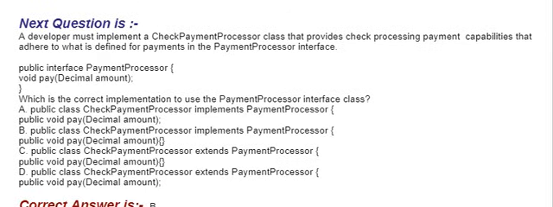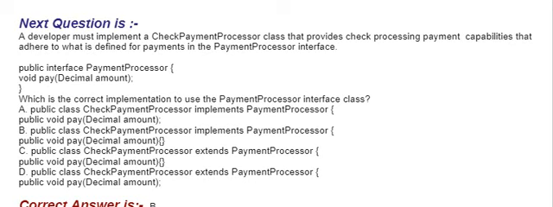The question is, a developer must implement a check payment processor class that provides check payment processing capabilities that adhere to what is defined for payments in the payment processor interface. Public interface PaymentProcessor { void pay(Decimal amount); }. Which is the correct implementation to use the PaymentProcessor interface class?